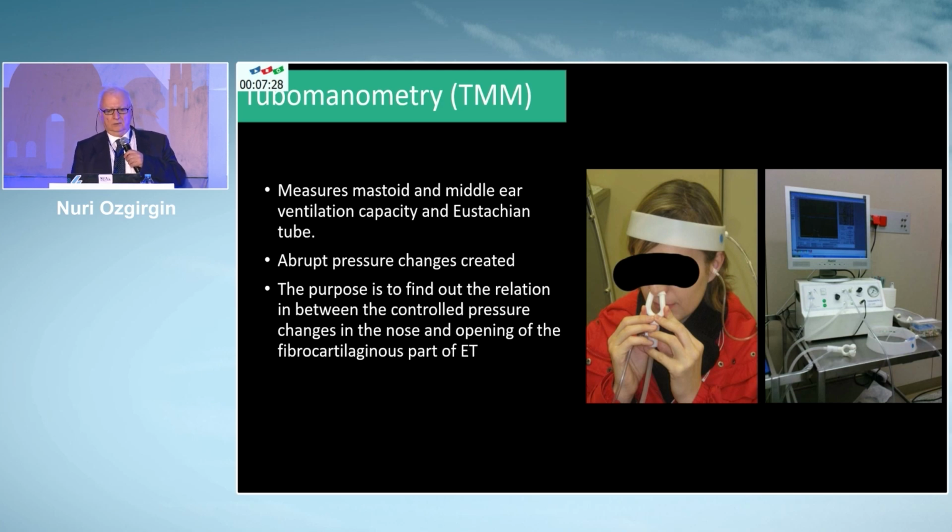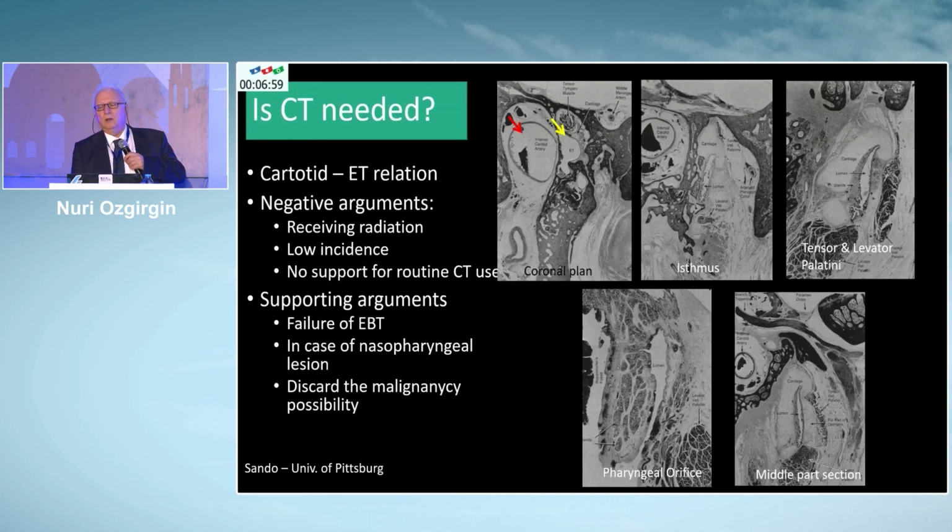And even though it is a rarely used device, tubomanometry can give us information about the function of the Eustachian tube, even if the tympanic membrane is perforated.